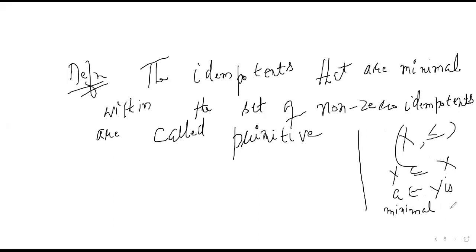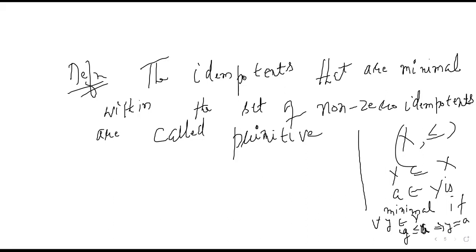That is, a belonging to Y is minimal if for all y belonging to Y, y less than or equal to a must imply that y is the same as a.